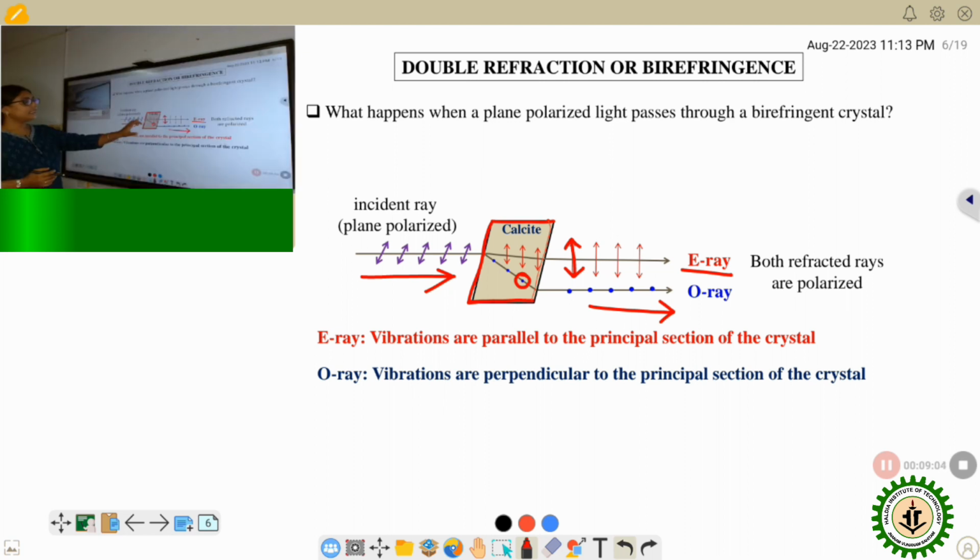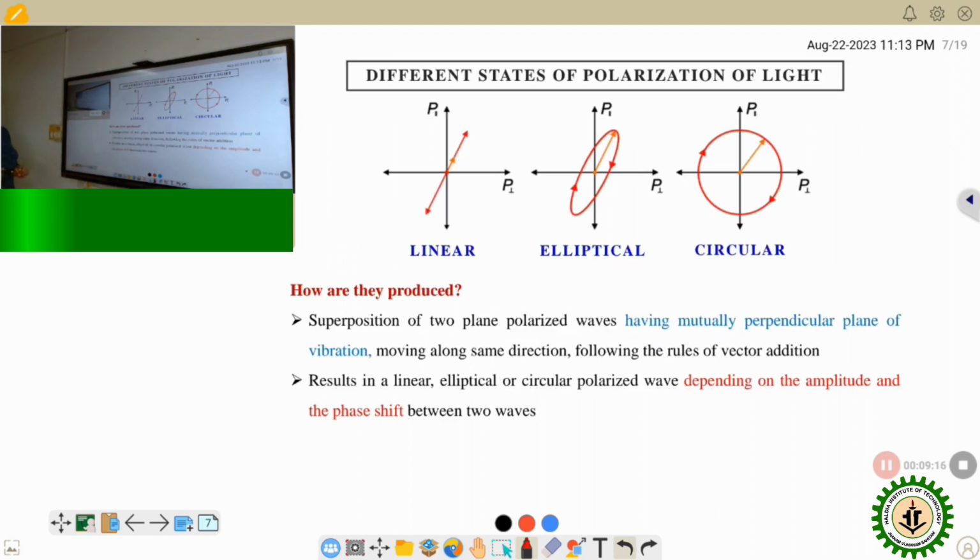Okay, now this thing we need in order to produce different types of polarized lights. So what are the different types of polarized light? It was also discussed in the last lecture. So there are basically three types of polarized light: linearly or plane polarized light, elliptically polarized light, and circularly polarized light.